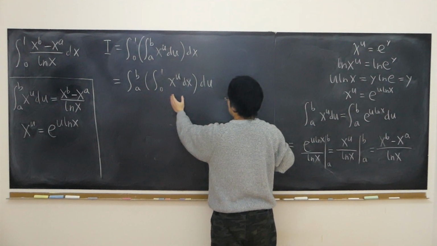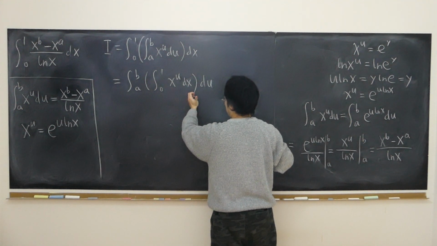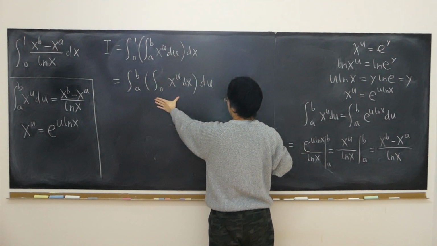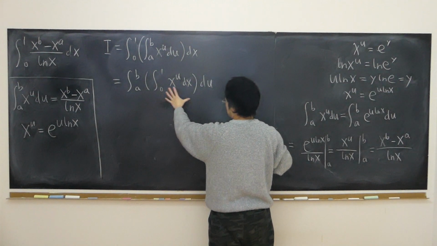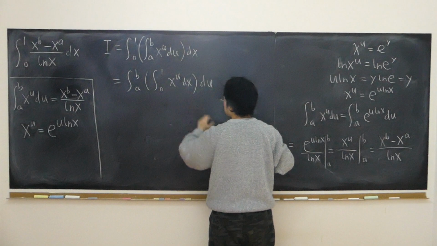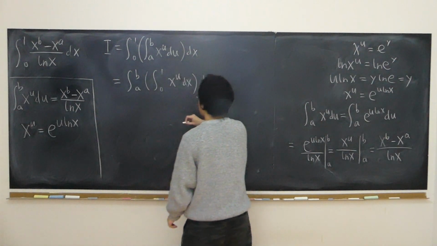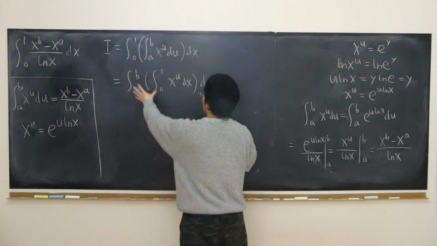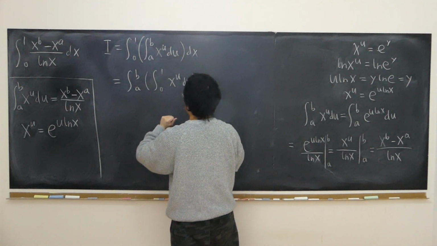So this time we integrate with respect to x first. Then we come up with an expression that only involves u and some other constants, and then we integrate with respect to u.